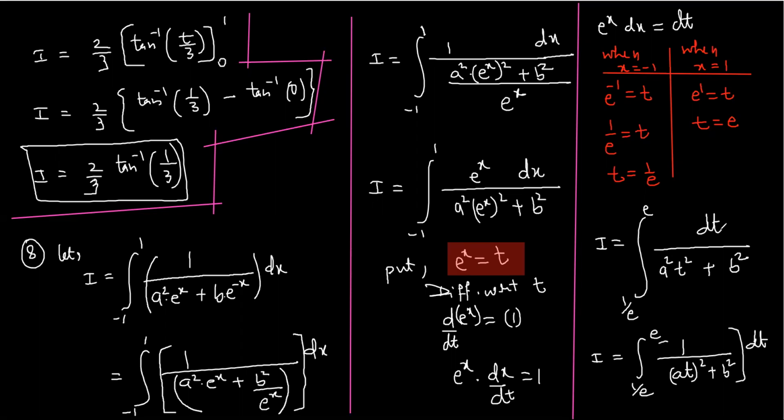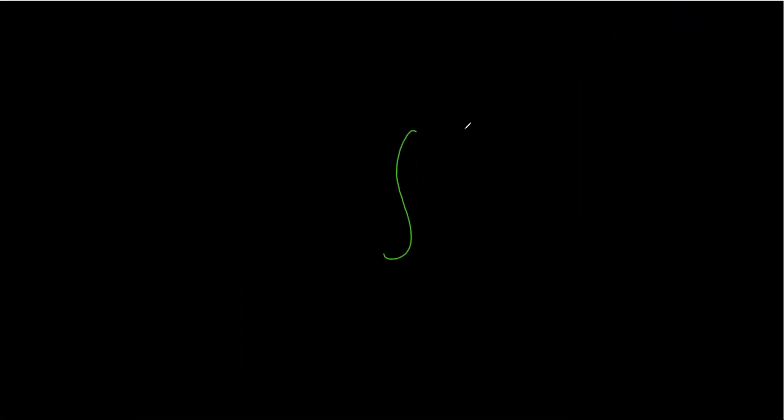And once again, what type is this result? This result is 1 upon variable square plus constant square, if you remember.